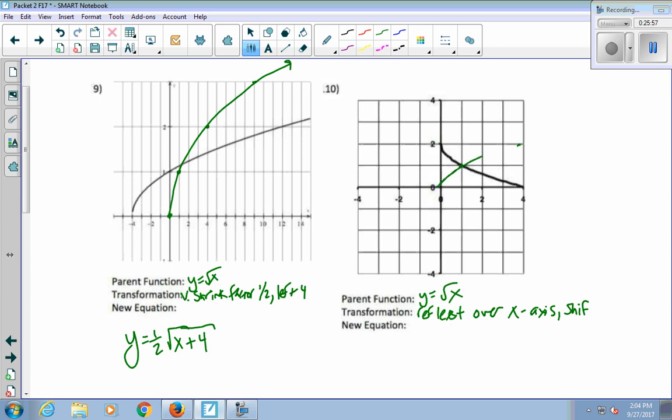There's square root. If you reflect it over x, it would go like that. And then we shift it up 2. So my new equation is y equals, a reflection over the x is a negative outside, and then square root of x, and then up 2 is a +2 outside of the square root.